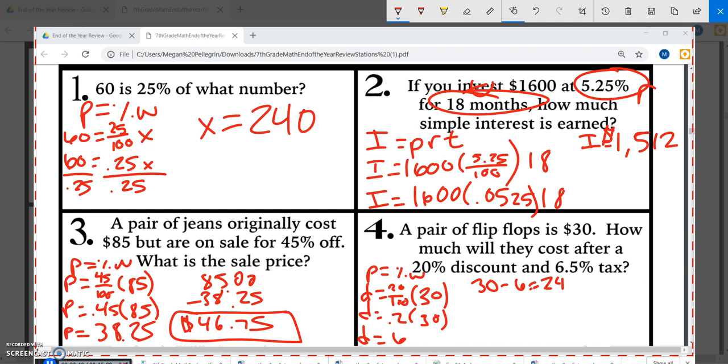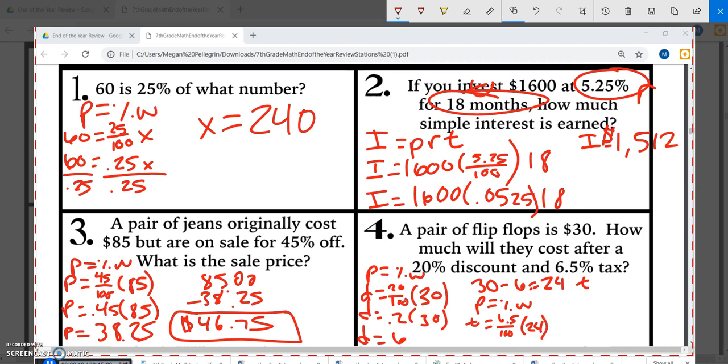Okay. So again, I still have to do the part percent whole again. And so my new part is I'm looking for the amount of the tax. So I'm going to change that to a T, is equal to the percent, 6.5 out of 100, and then times the new price, $24.